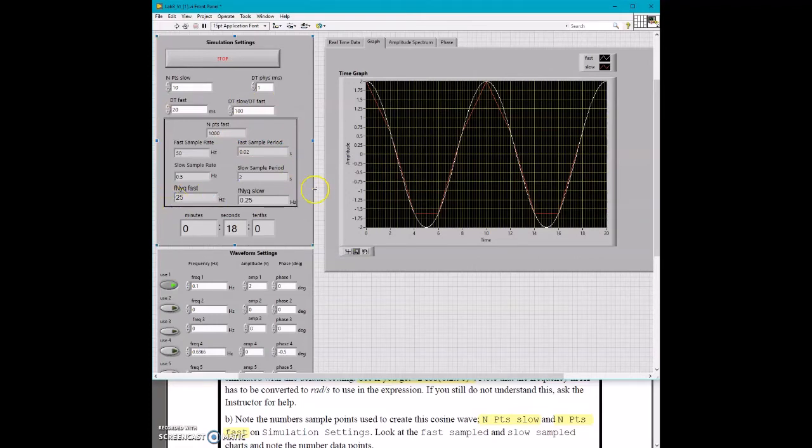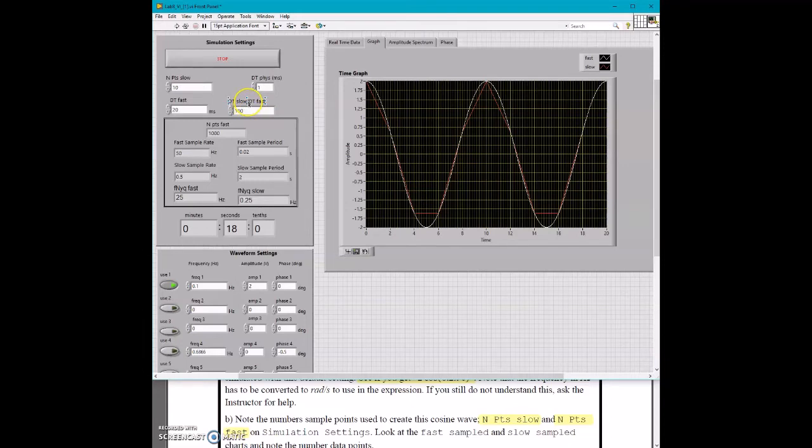So let's see. I can just look at it and say the dt fast is 20 milliseconds. So you're sampling something every 0.02 seconds. I don't see that on the graph because that's just too small a number. Now here it says dt slow divided by dt fast is 100 times.